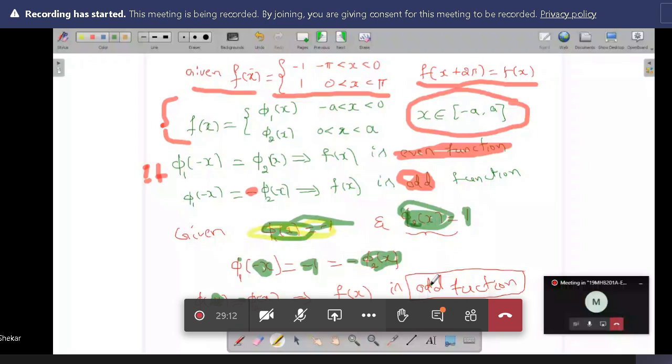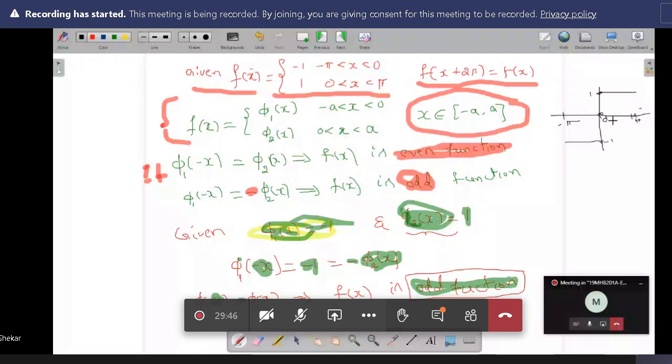In the interval minus pi to 0 you get a constant with value minus 1, and in the interval 0 to pi we again get a constant with value 1. It is a constant, not a straight line, sorry. If you look at the graph, you can easily say that it is symmetric about the origin, so it is an odd function.